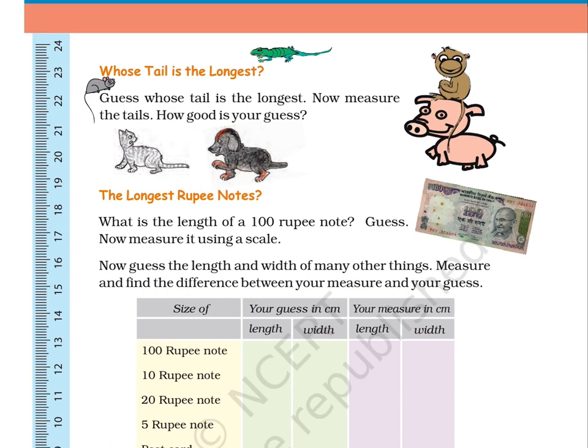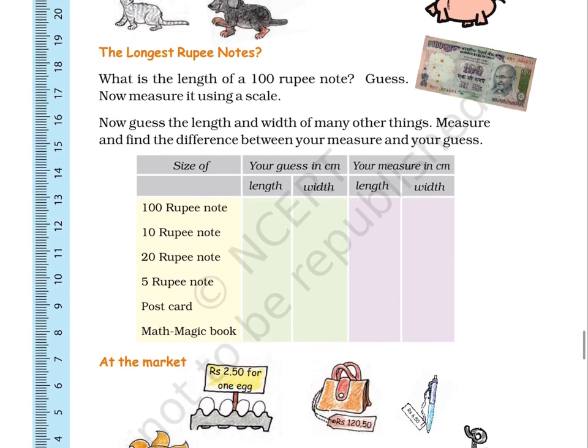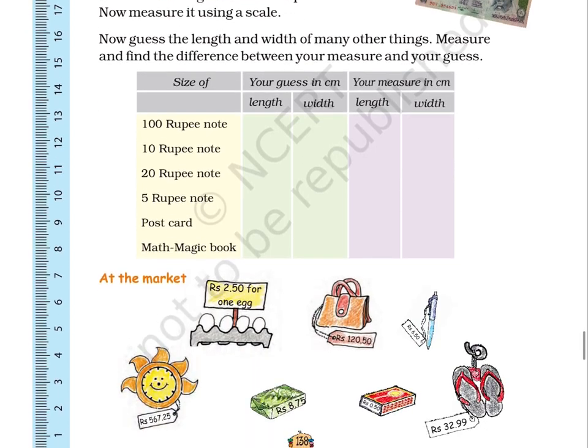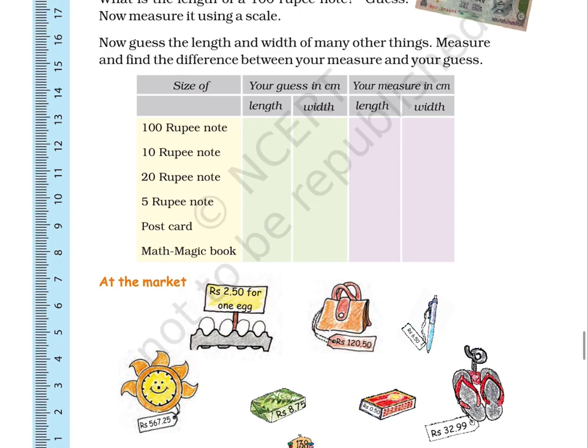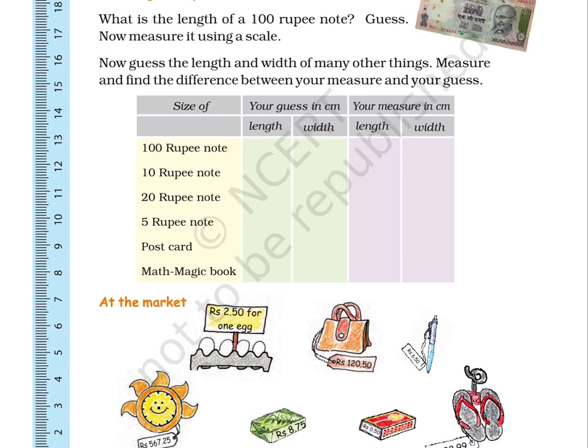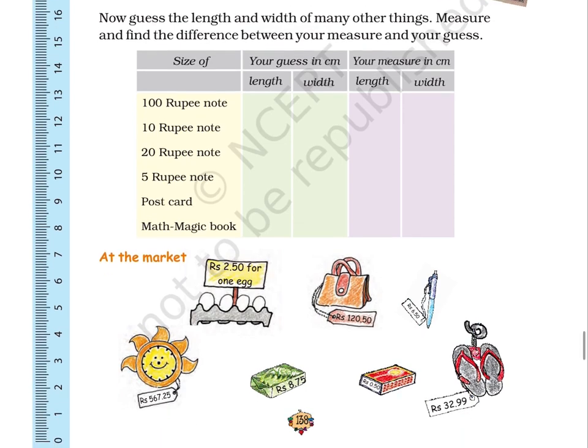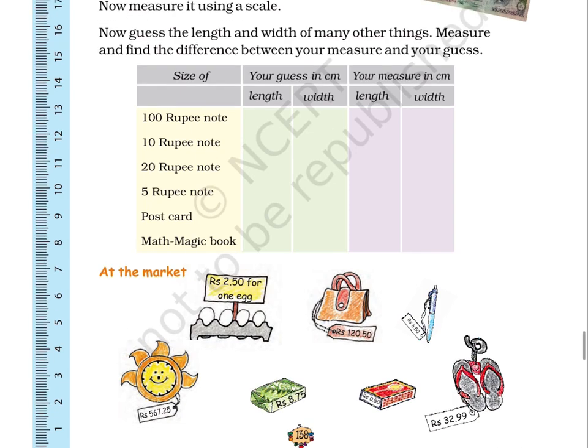There's a table with different columns. The column 1 says size of, and we have the row entries as 100-rupee note, 10-rupee note, 20-rupee note, 5-rupee note, postcard, and MATHMAGIC book. Column 2 has 2 subcolumns.